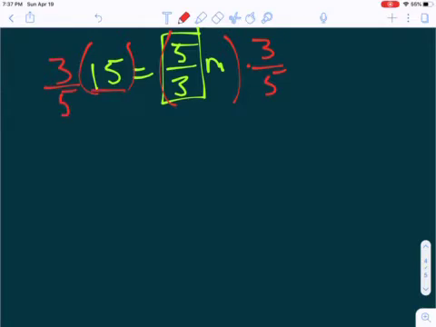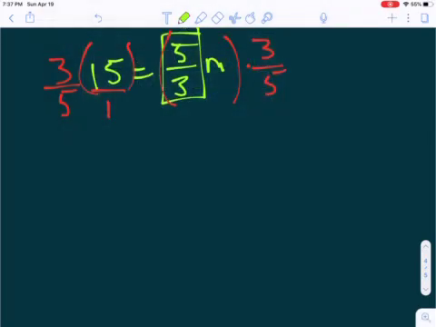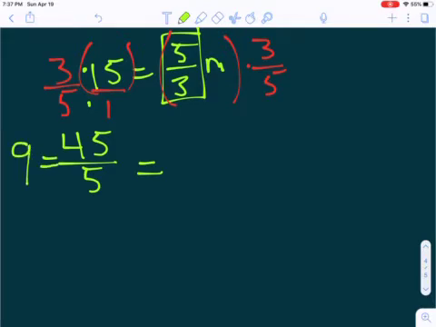I'm going to put my 15 over 1. And then what that's going to give me is, if I do my left side first, 15 times 3 is 45. And then 5 times 1 is 5. And 45 over 5 is 9. And then over here, my 3's cancel, my 5's cancel, and that gives me my n.